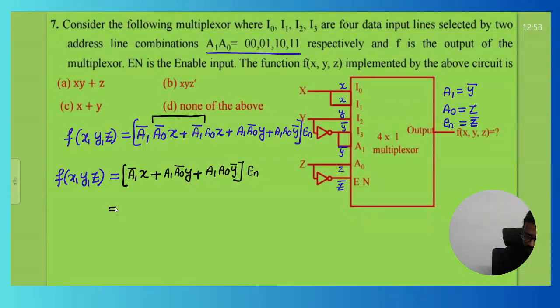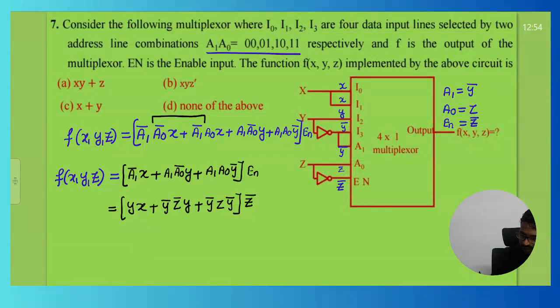So what I can write now, we can replace: A1 is Y bar, A1 bar means Y, Y into X, and A1 is Y bar, A0 bar is Z and Y, plus A1 is Y bar, A0 is Z, this is Y bar, and enable is Z bar.